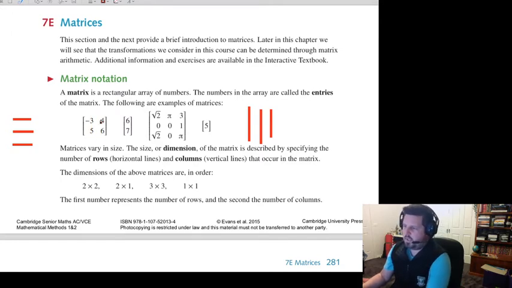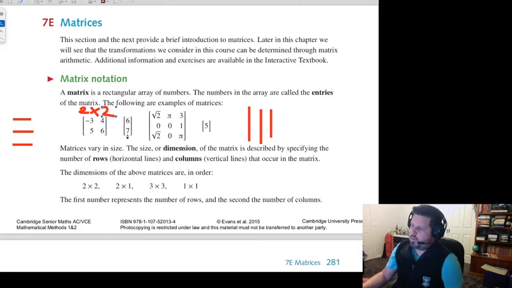Now, to describe this particular matrix, we refer to them by how many rows they have, by how many columns there are. So that's the order we talk about them. How many rows there are and how many columns there are. So if I was to describe this one, it has 2 rows by 2 columns. That's how we describe that one.